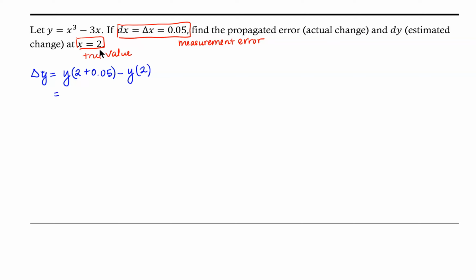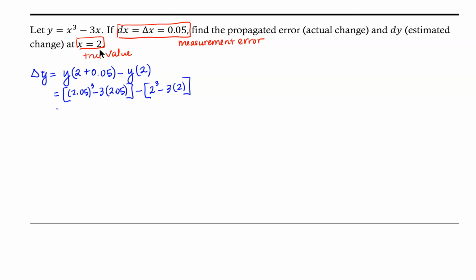So inserting that into our function, we get 2.05 cubed minus 3 times 2.05. That's our y at 2 plus 0.05 minus y at 2. And our y at 2 is 2 cubed minus 3 times 2.